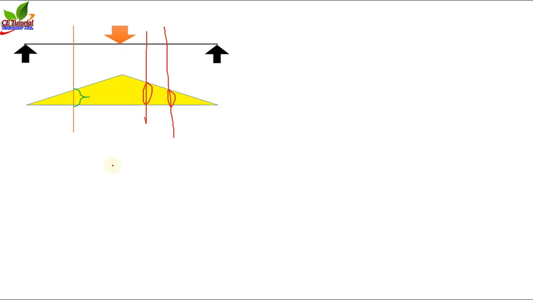Now, when we are going to design this beam, what we are actually doing is, we assume a particular cross section, and we design that beam against that bending moment in such a fashion that the beam can resist this amount of bending moment.